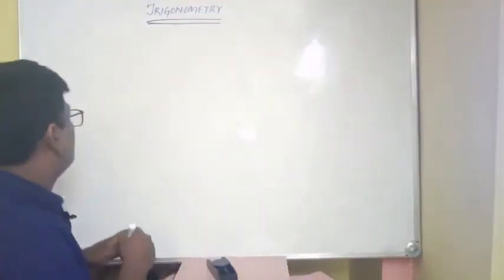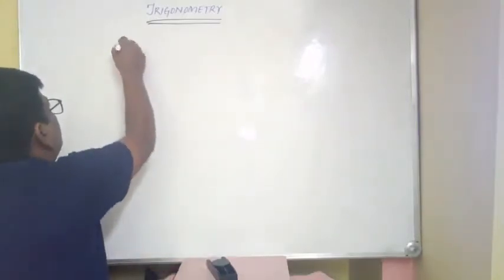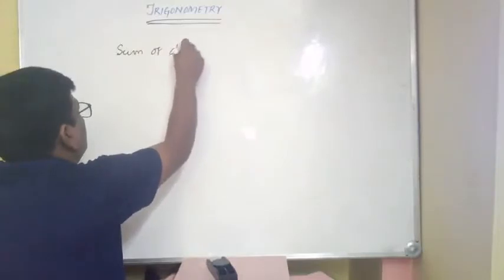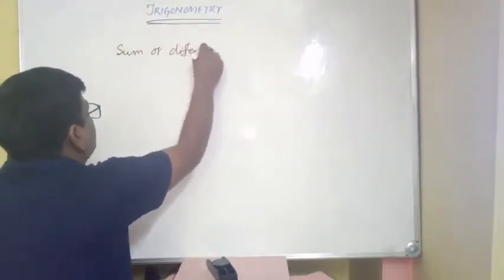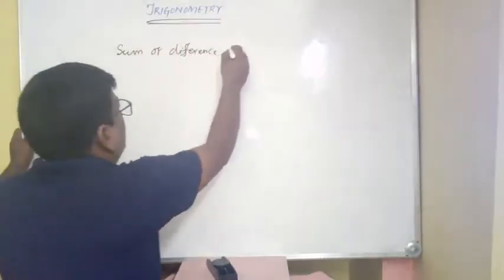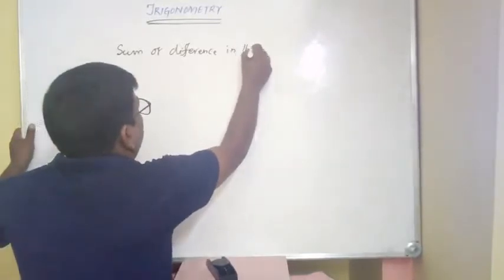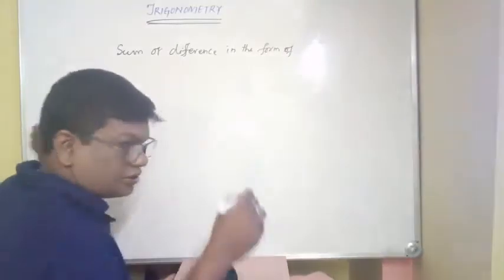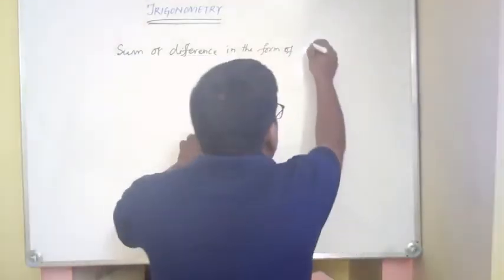Compound angle formula: sum or difference in the form of products.